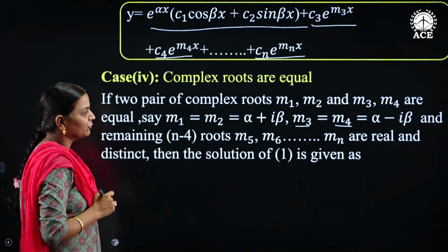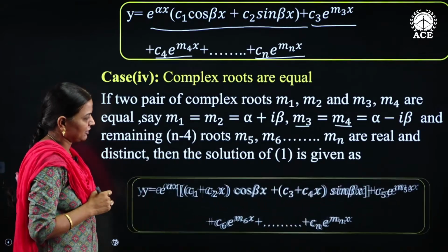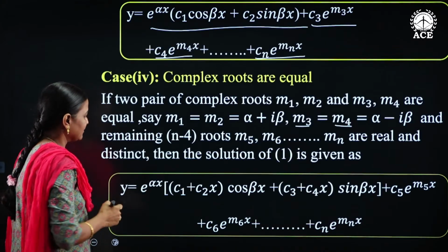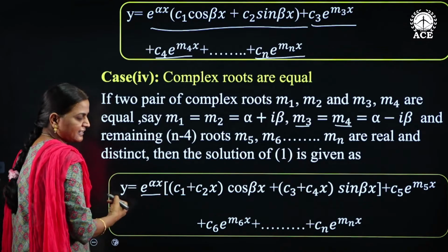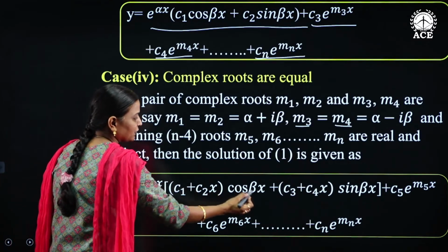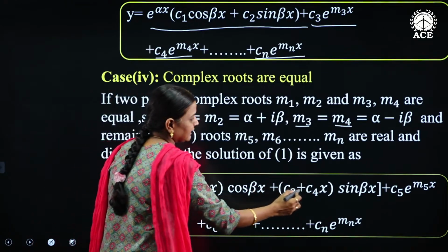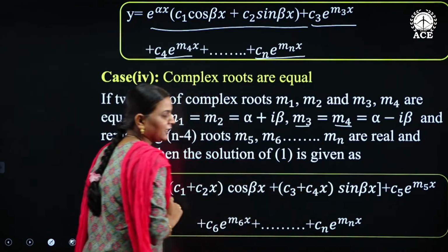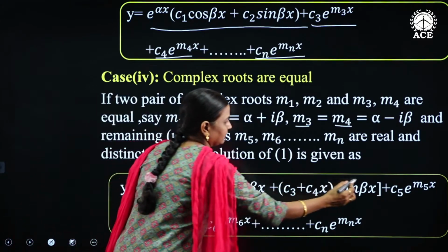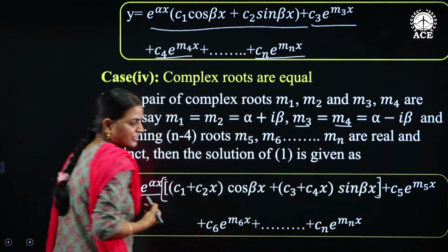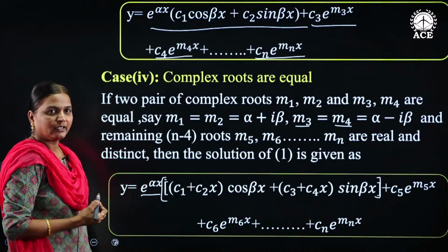In this case, how to write its general solution part? So this is the general solution part. For the repeated roots, how to write? e power alpha x into (c1 plus c2x) into cos beta x plus (c3 plus c4x) into sin beta x. Here e power alpha x is common. Next, the remaining n minus 4 roots are real and distinct.